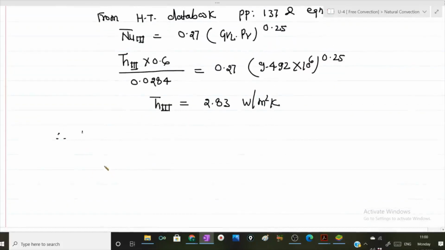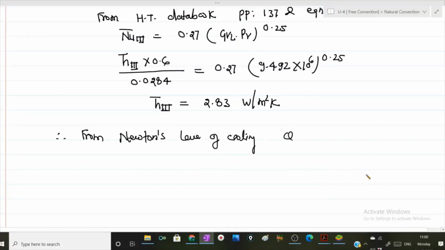So once again, from Newton's law of cooling, the heat transfer rate in the third case will be 2.83 into surface area into temperature difference.